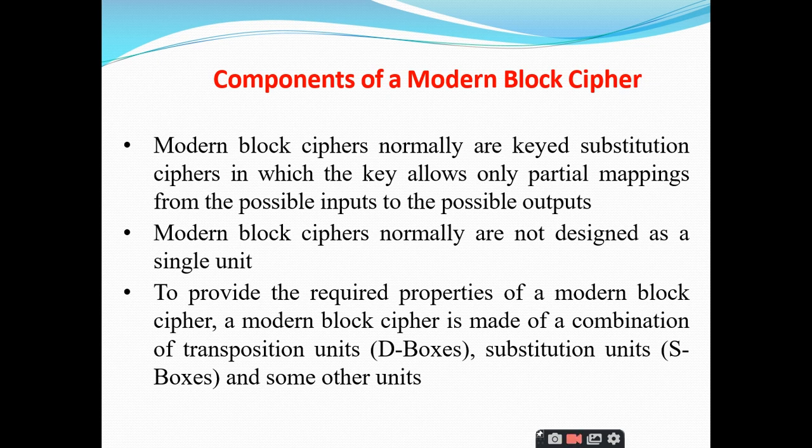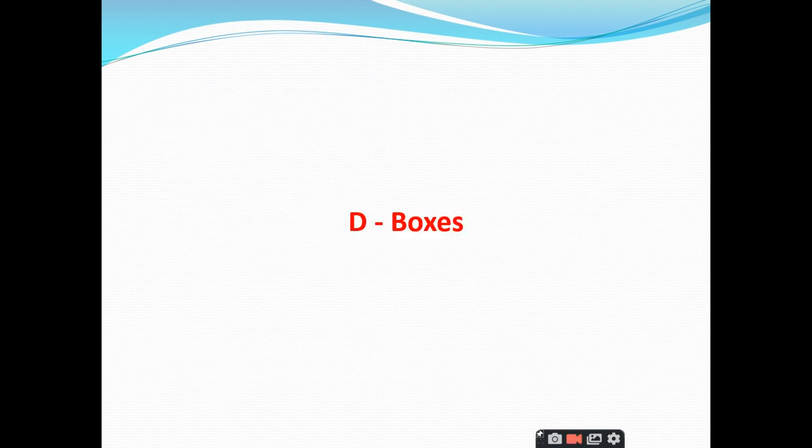In the previous session also we discussed that a modern block cipher is not designed as a single unit. It is a combination of more than one component, right? It can consist of a number of S boxes, and it can consist of some set of D boxes. Similarly, they may use the XOR operation, they may use the circular shift operation.